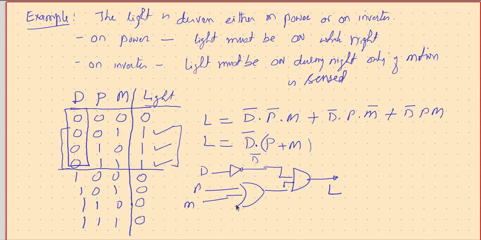This gets us the light. If you detect whether it is day or night, whether there is power or not, whether some motion is detected or not, and give these as inputs, then the light automatically gets on or off depending on our requirements. That's how we need to solve it. But this was a very simple example, so we could immediately get to this simpler form.